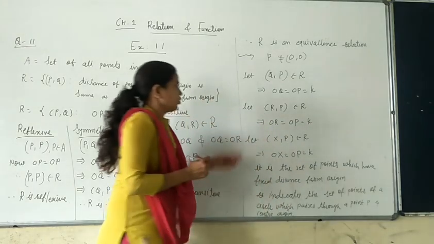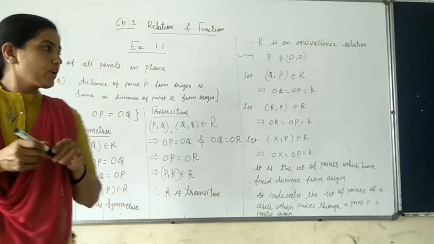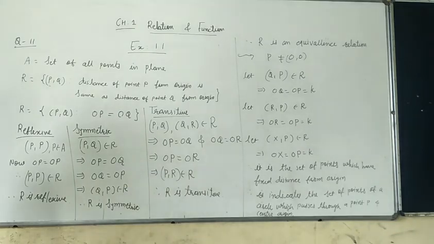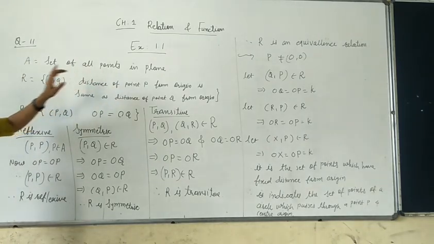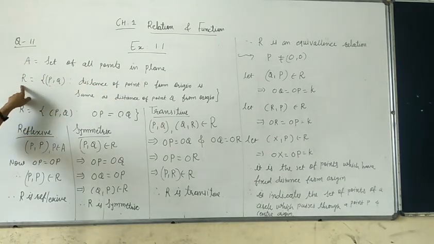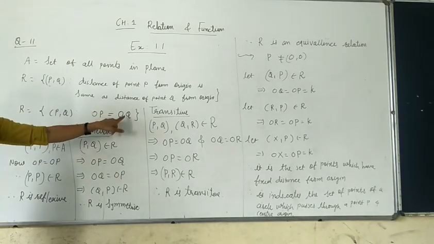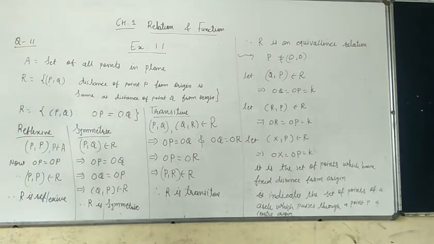So this is the answer of question number 11. Again, you can see what is in question number 11. Here the set A is defined as the set of all points in the plane. R is defined as PQ where OP is equal to OQ, and we have to show this is an equivalence relation.